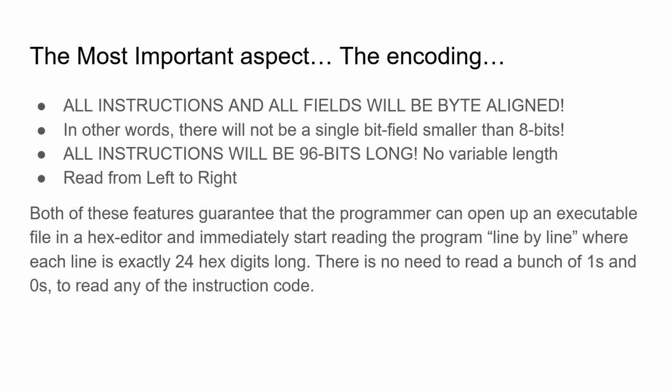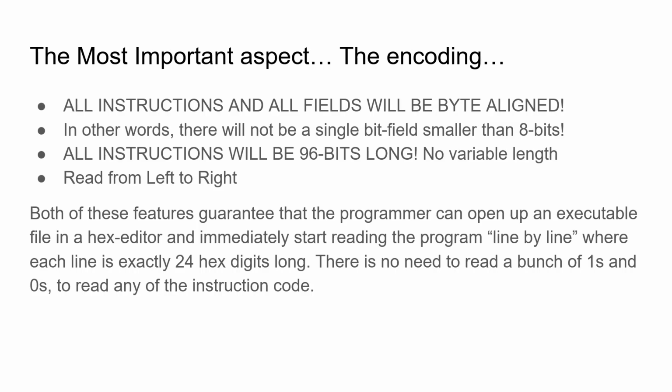All instructions will be 96 bits long, which is crazy, but that's what we're going to do. There's no variable length. There won't be anything like 32-bit, 64-bit, or 16-bit. It's all going to be 96 bits long. And there's only one type of instruction, a very important type that worries me regarding this, so it'll be very wasteful, but the other ones I think are awesome. I'll show you in a bit.